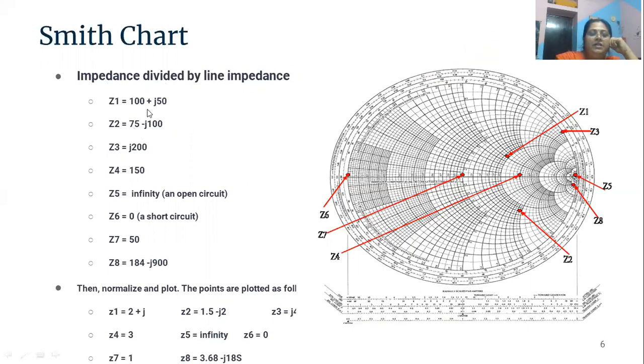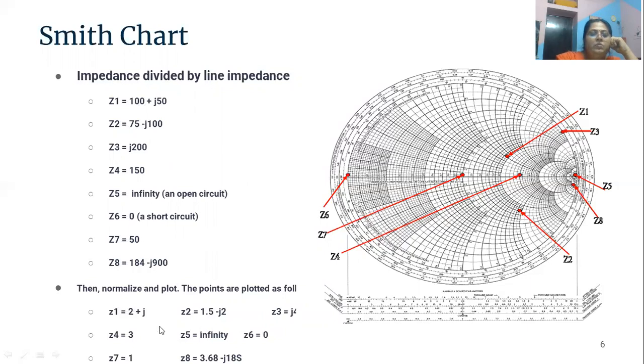If we take 75 minus j100, we normalize it with the 50 ohm range by dividing, and it comes out like this.